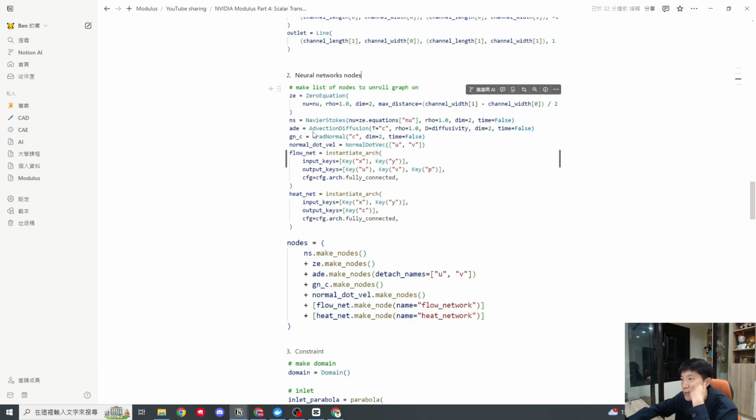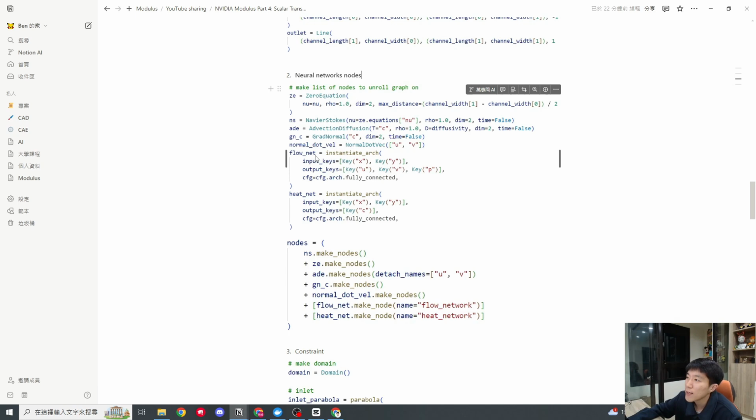And also we have the advection diffusion equation to deal with the heat transfer problem. And also the gradient normal is used to deal with the adiabatic wall boundary. And we also have the normal dot vector function. We will discuss this later.